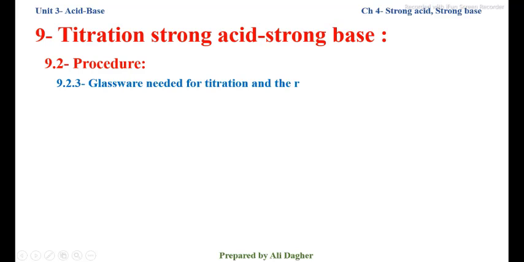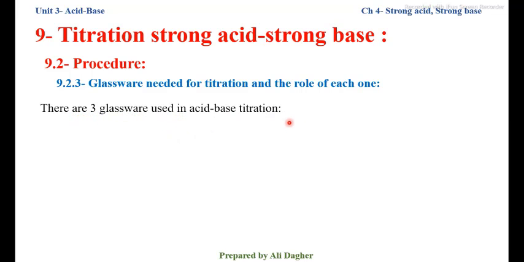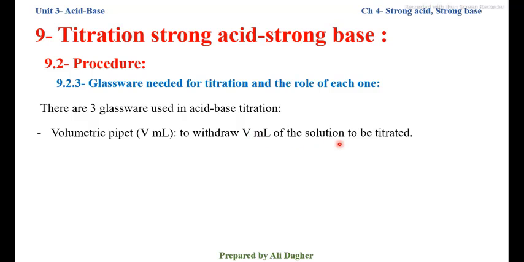Now, the glassware needed for titration and the role of each one. There are 3 glassware used in acid-base titration. Volumetric pipette of capacity V milliliter to withdraw V milliliter of the solution to be titrated. For example, if we need to titrate 20 milliliters, we use a 20 milliliter volumetric pipette.